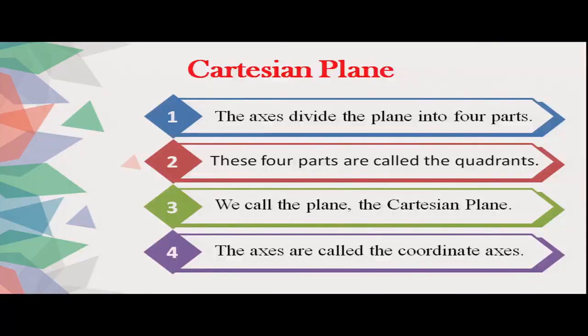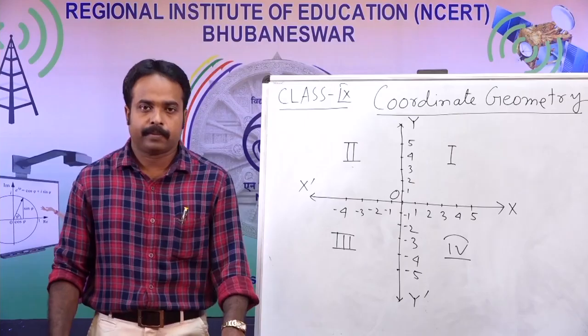So the plane consists of the axes and these quadrants. We call the plane the Cartesian plane, or the coordinate plane, or the xy plane. The axes are called the coordinate axes.